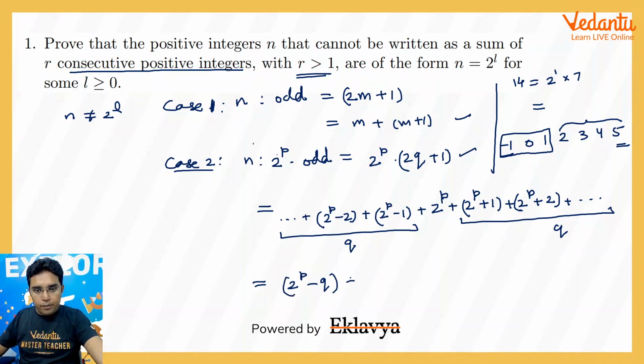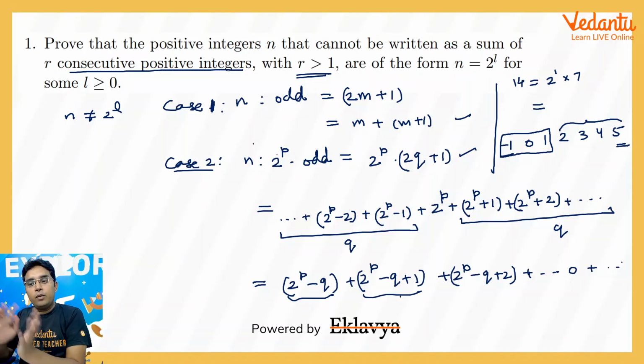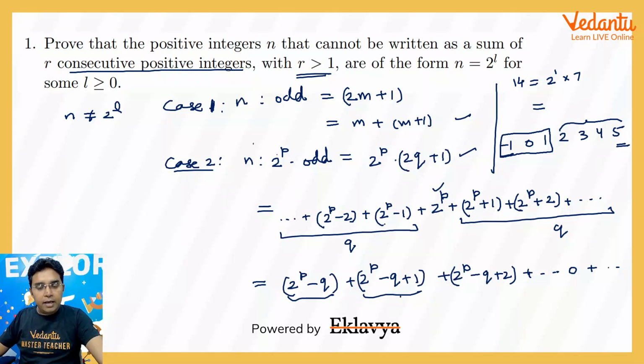The next term would have been 2 power p minus q plus 1. Now suppose this is negative, then the next will be 1 more than this, then 2 power p minus q plus 2, that will be 1 more than this, and so on. At some point you will get 0 also. Then you will have terms which are 1 more than 0, and so on, and definitely 2 power p is positive. So ultimately after some time these terms will be only positive.